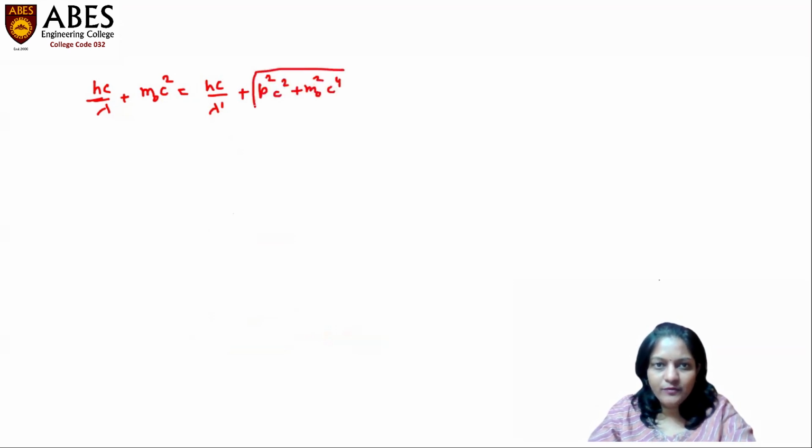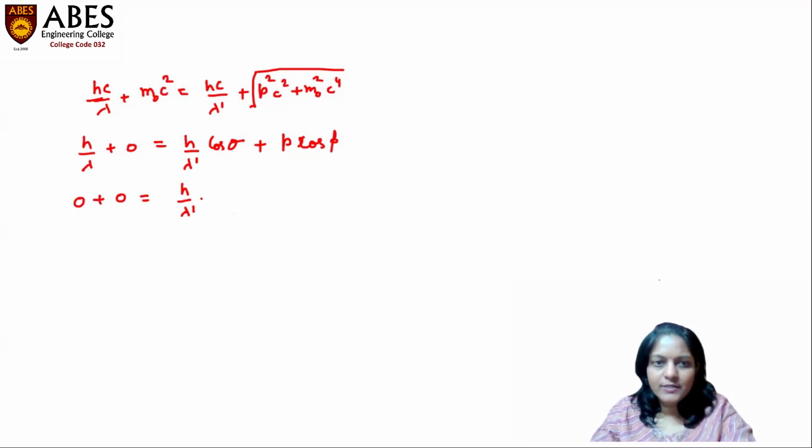This is the equation number 1. Equation number 2 is h by lambda plus 0 is equal to h by lambda dash cos theta plus p cos phi. And the third equation is 0 equals h by lambda dash sine theta minus p sine phi. These are the three equations.